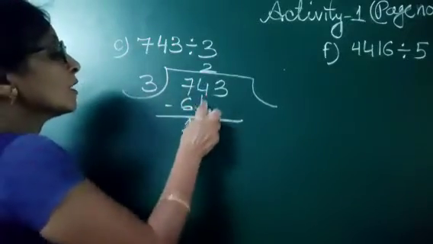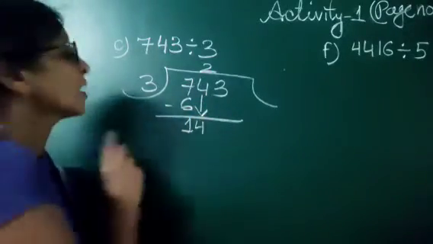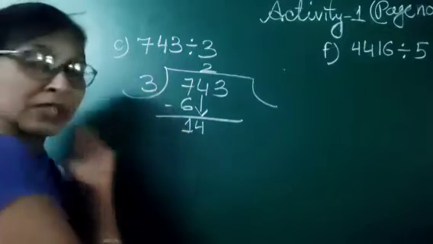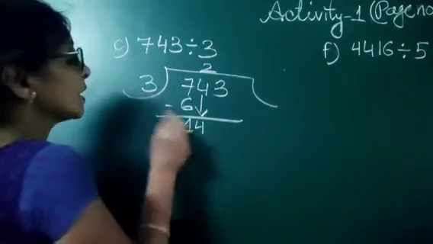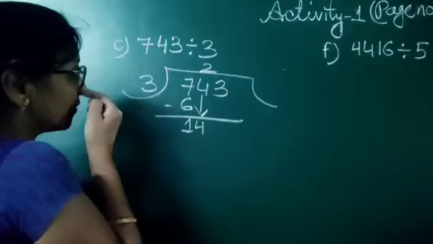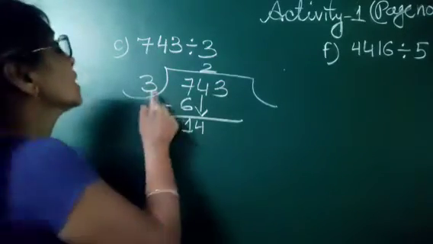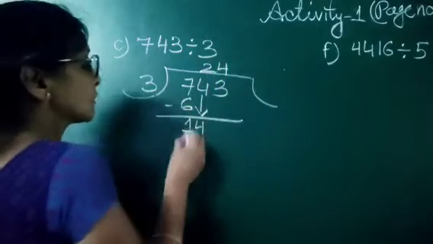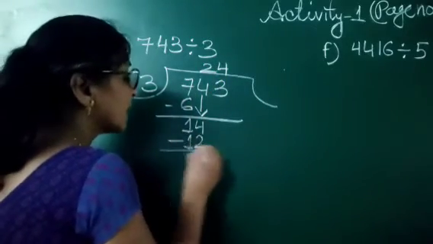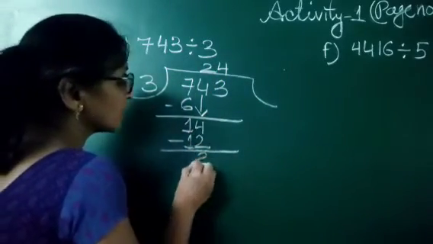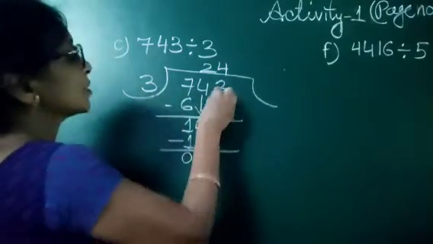At a time only one digit we can write. So again we tell the table of 3. 3 4s are 12, 3 5s are 15 is more than that. So we write 3 4s are 12 here. Then again subtract, 4 minus 2 is 2, and here is 0.